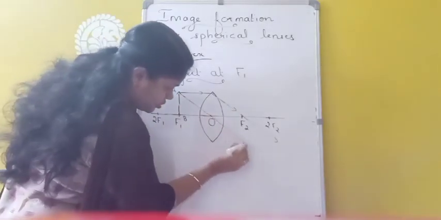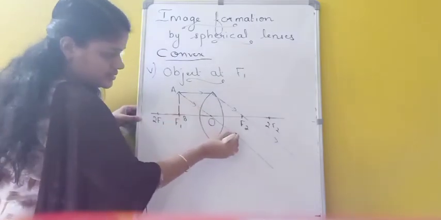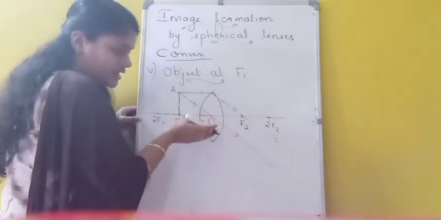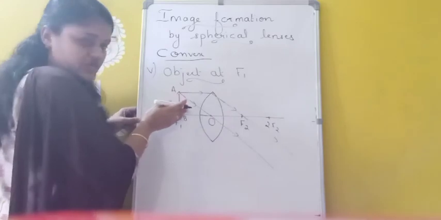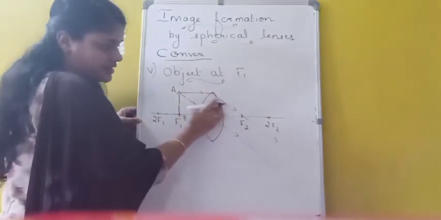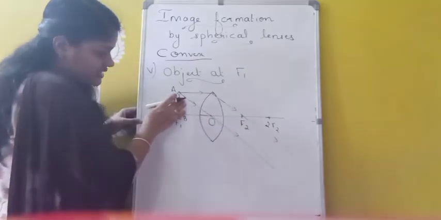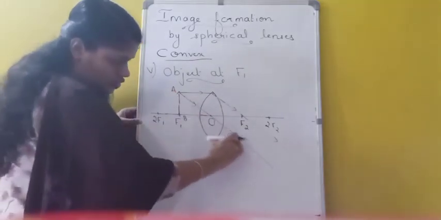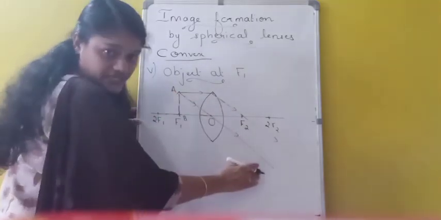It will not undergo any deviation. This light ray is going straight. So first of all, I have taken a light ray passing parallel to the principal axis. After refraction passing through the focus. And another light ray coming from the object passing through optic center will not undergo any deviation.